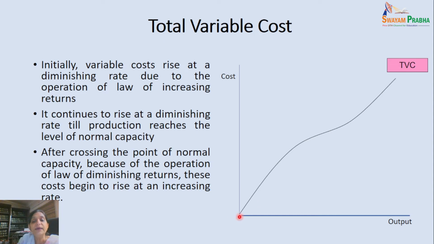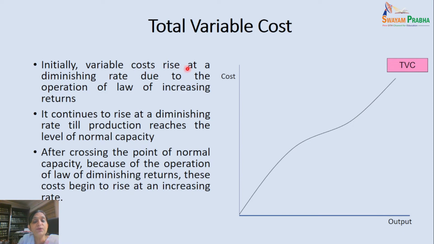So what do we see? First thing is that when there is 0 unit of output being produced, your total variable cost is 0. So total variable cost will always start from the point of origin. As the firm starts producing more output, your total variable cost will rise throughout, but this rate of rise of the TVC is different.